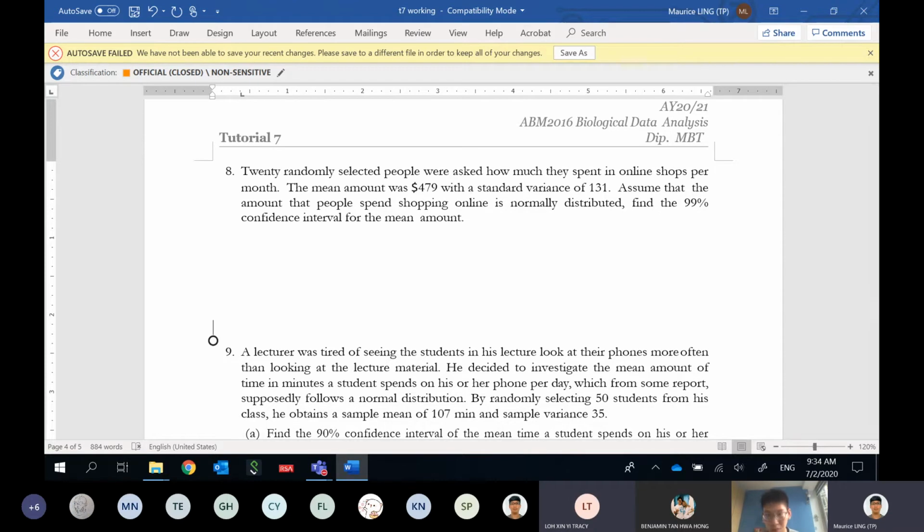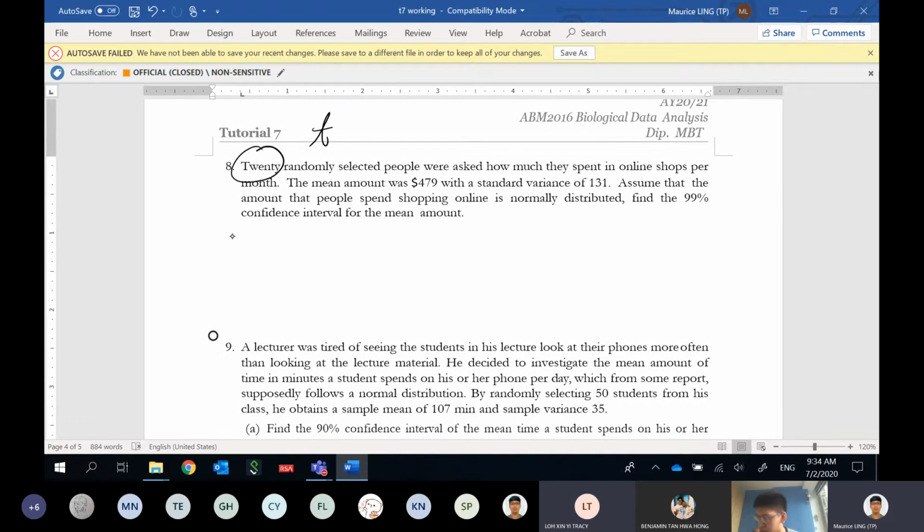Z table or t table? T table. Okay, T is because n is 20. All right, so your answer? Mu is greater than 472 but lesser than 486. Correct. So all of you should get this answer.